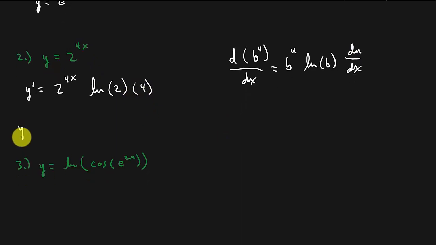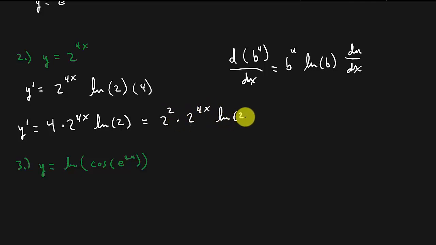And we can clean this up some. Now notice this 4 times 2 to the 4x. This is not 8 to the 4x. You can't multiply the 4 and the 2. But what we can do is rewrite the 4 as 2 squared, times 2 to the 4x times the natural log of 2.